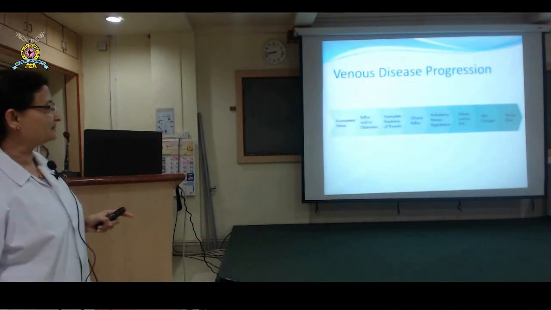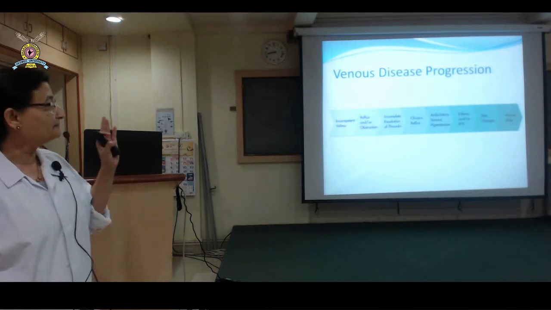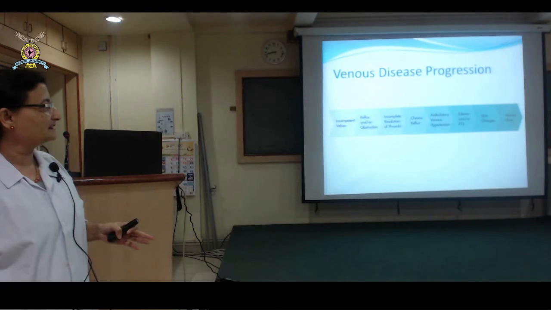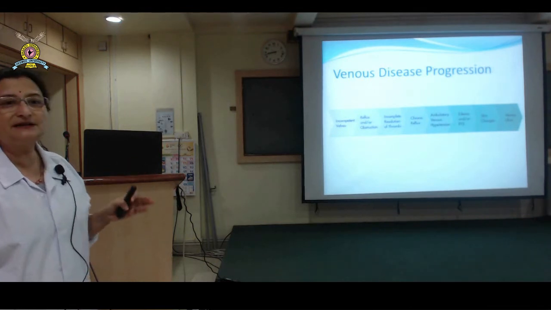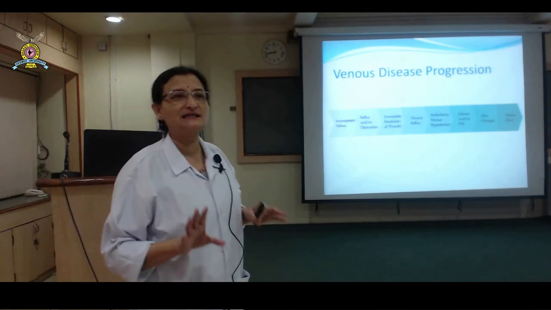So what happens? Incompetent valves, there is either a reflux or obstruction, incomplete resolution of thrombi, chronic reflux, ambulatory venous hypertension. Have you understood the term ambulatory venous hypertension?